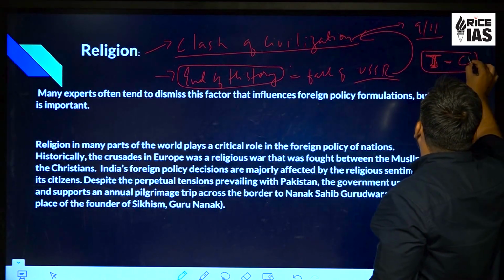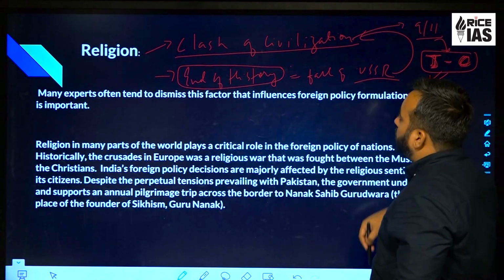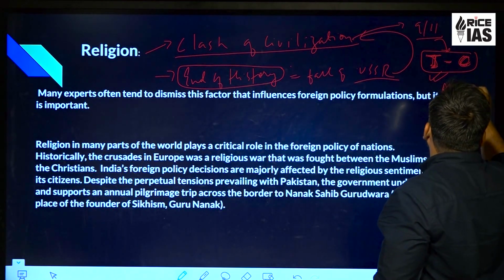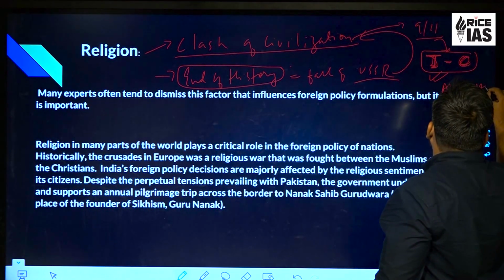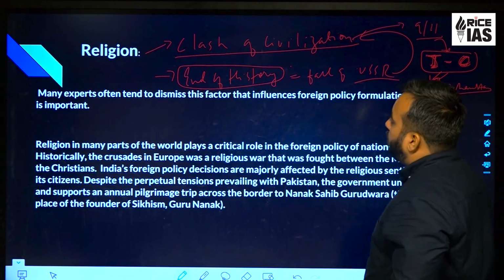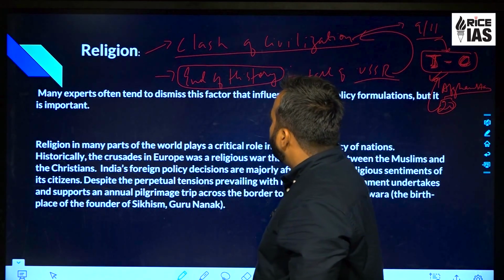Afghanistan in the past 20 years is one great example of the role of religion in foreign policy.